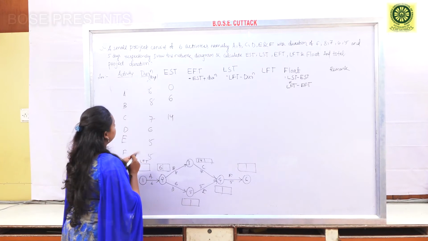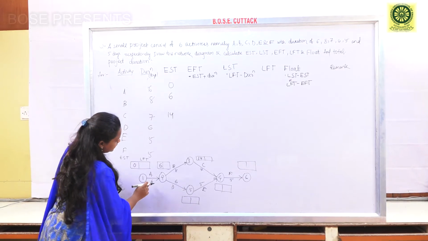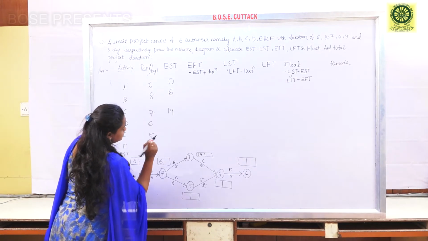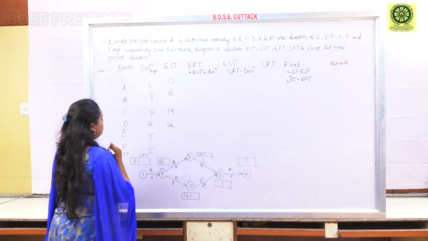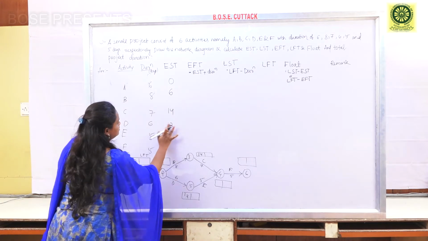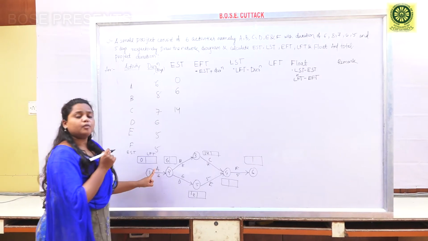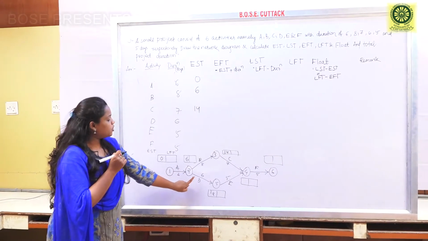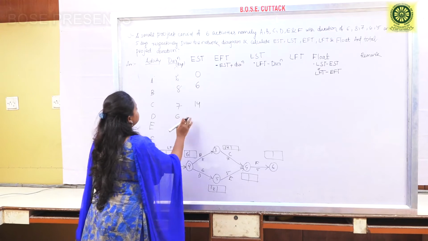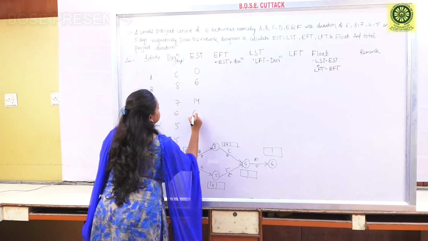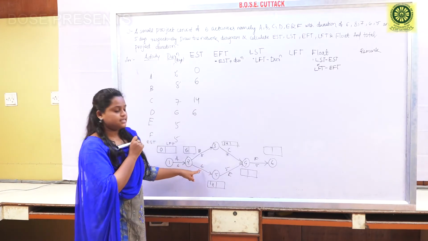For activity D, after completing activity A, only then can activity D be started. So the EST of activity D will be 6. Then for activity E, the EST will be 6 plus 6, that is 12.